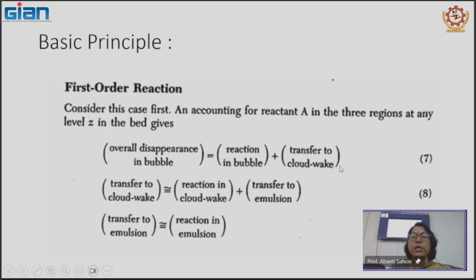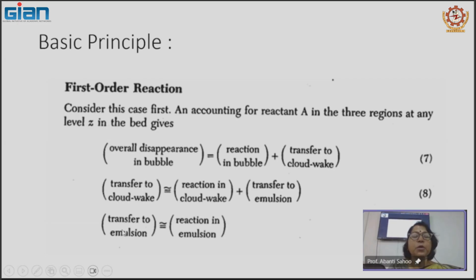So some gas is transferred in the wake region too. The transport from the cloud to wake region we can break again into two components: reaction in the cloud wake region, because particles are there too, so the reaction takes place with that also, and then transport to the emulsion. Some gaseous reactant is getting transferred to the emulsion. That's why in that figure we saw it is reversible, cloud to emulsion, emulsion to cloud.